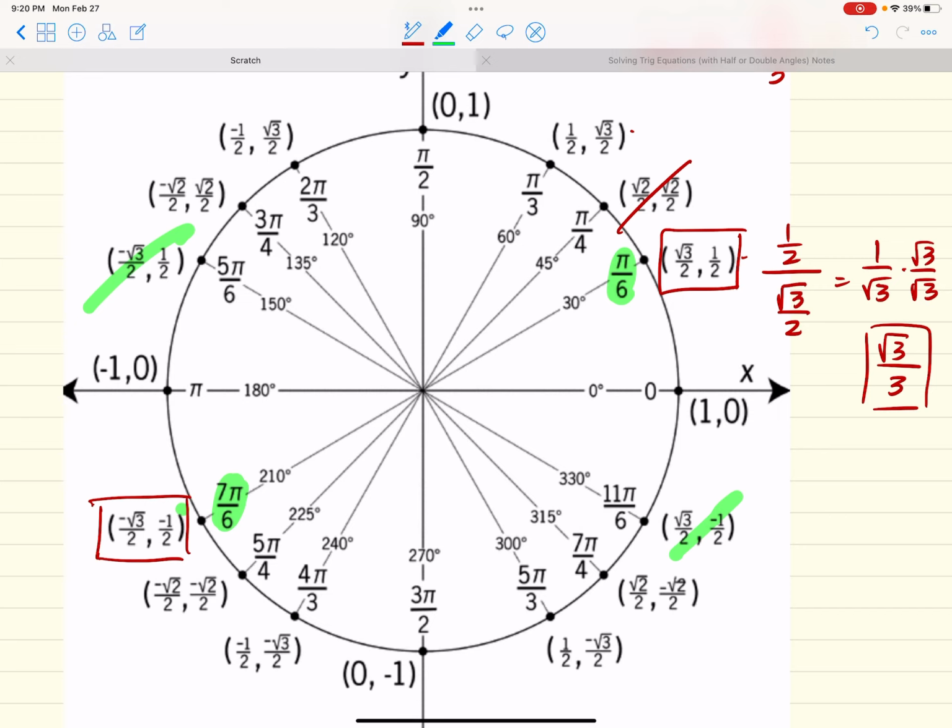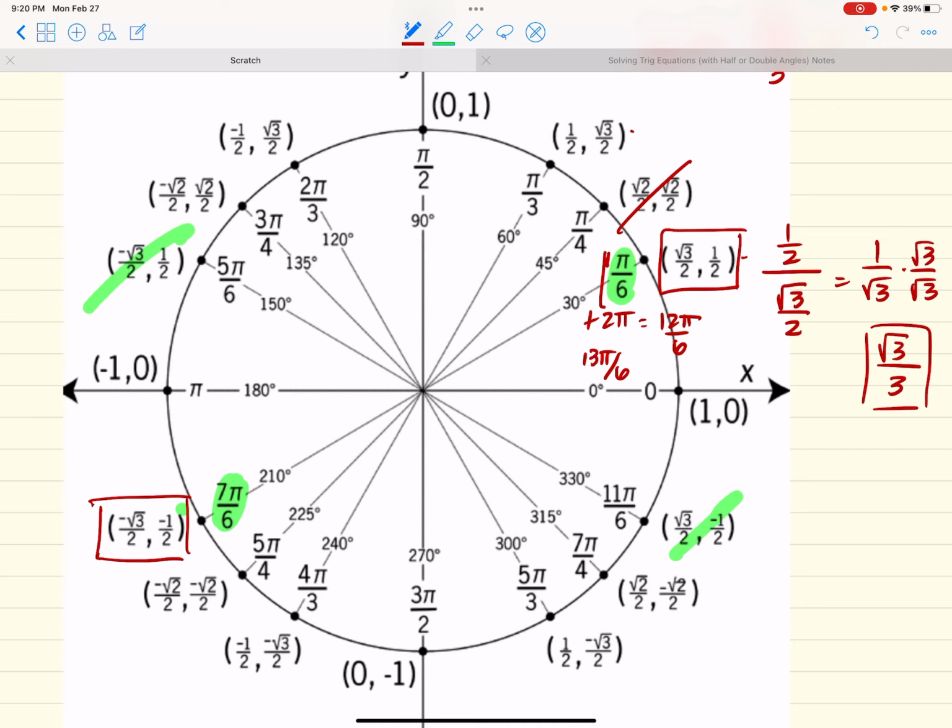But remember, our domain is not 0 to 2 pi anymore. It's not one lap. It's 0 to 4 pi, so I have to lap around again. If I add 2 pi here, which is like adding 12 pi over 6, then that 1 pi plus 12 pi gives us 13 pi over 6 for that next angle.